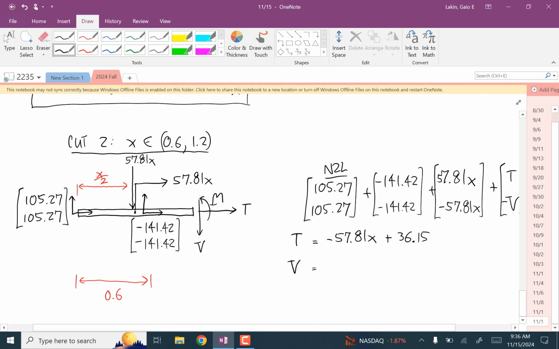V is equal to negative 57.81x plus, nope, this time it's minus 36.15.